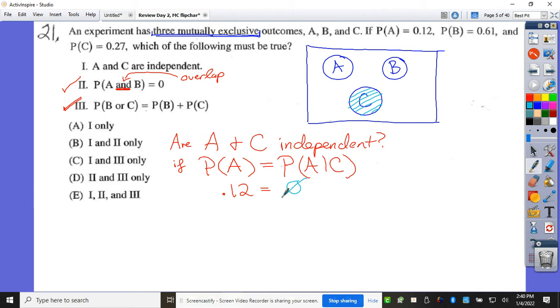Are those equal? No. So are A and C independent? No. And so I get why people missed the problem just because of number 1, but number 2 is more of my concern because that's an easy one that I want to make sure we're good on. So the correct answer here should be D.